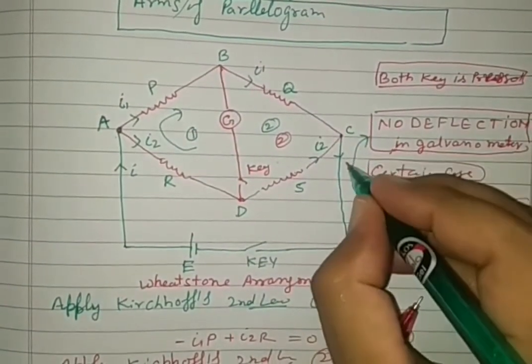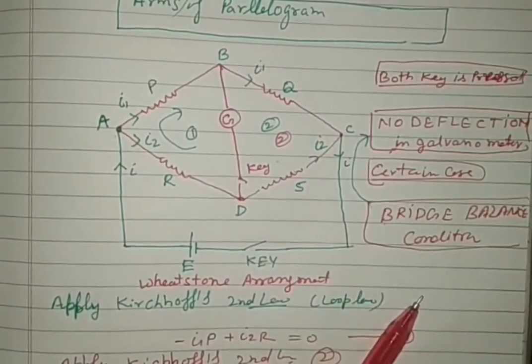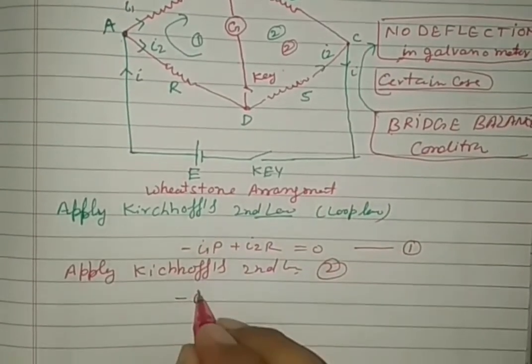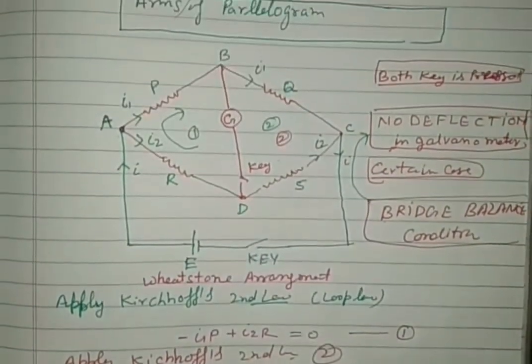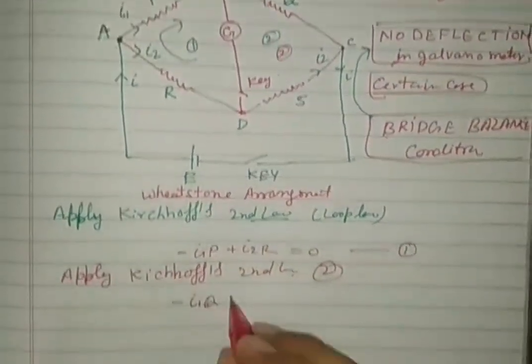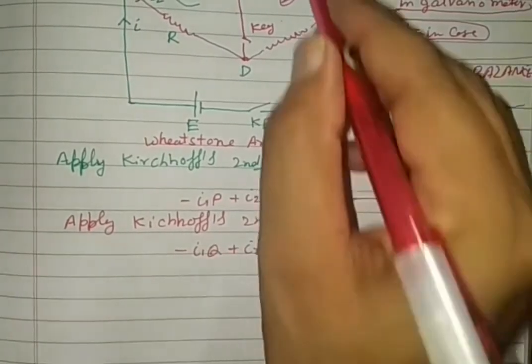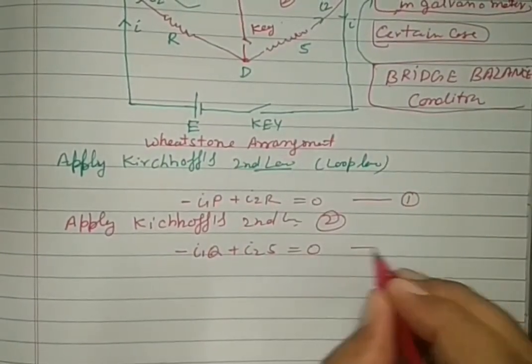By combining, it will again be I. So under this condition, minus I1 is flowing in Q resistance, plus I2 is flowing in S resistance, and in this loop also no cell is there.